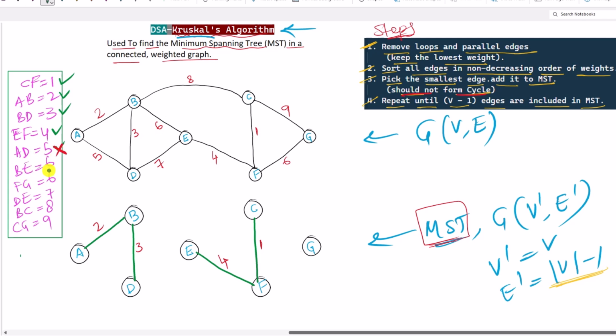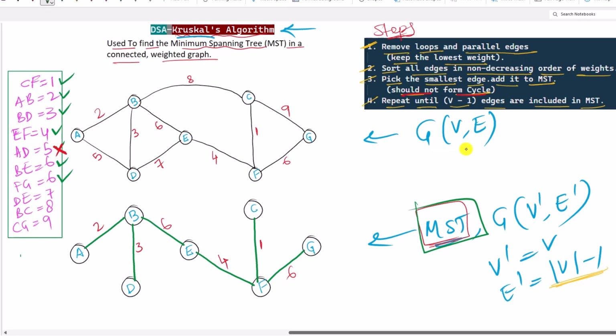Next we have the edge BE with the weight 6, so we're going to take this edge. Next we have FG with the weight 6, so we take this edge FG as well. Now you can see our minimum spanning tree is ready because all the vertices are connected using the edges.